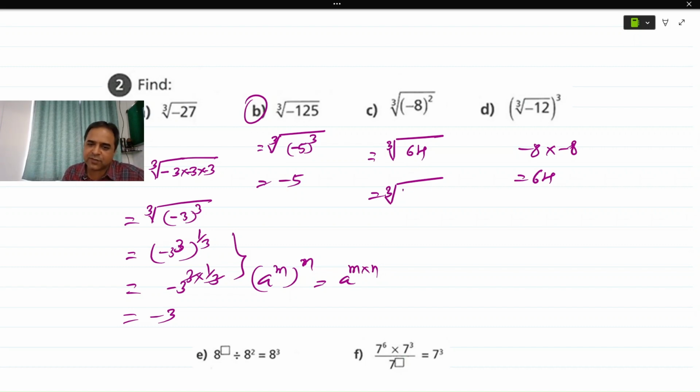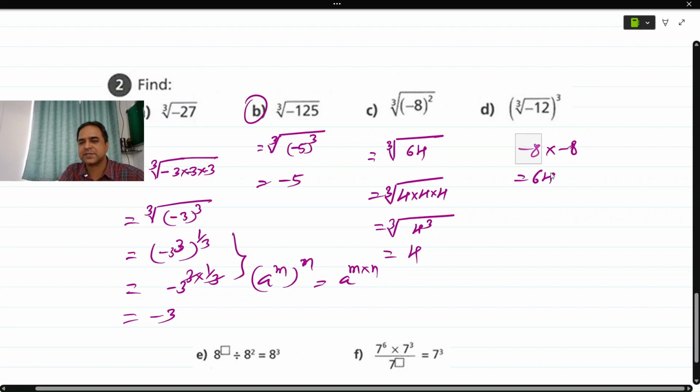You are aware you can do it as 4 into 4 into 4. 4 4s are 16, 4 16s are 64. So the same thing you can write as 4 to the power 3, and you know that now they can cancel each other and your answer coming is 4. Okay. Same way we can do this question as well.